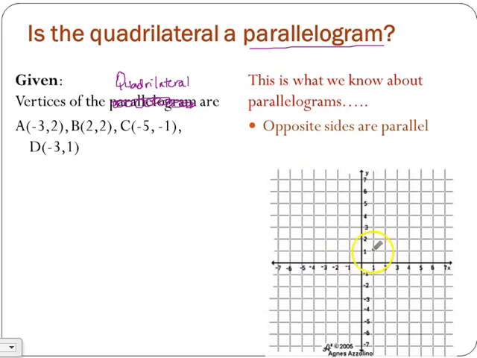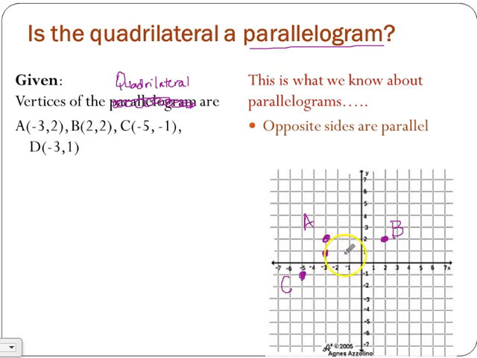So let's go ahead and plot the points. I just want to have a visual of what we're dealing with here. A is at -3, 2. B is at 2, 2. C is at -5, -1. And D is at -3, 1.